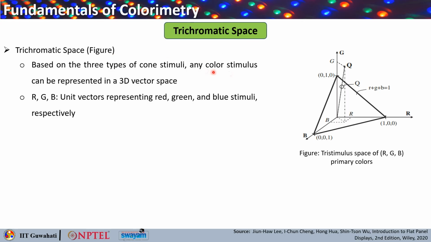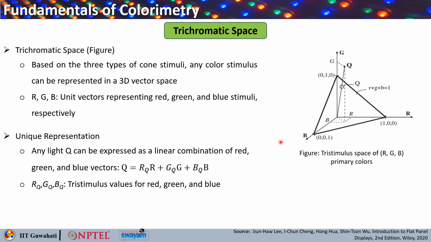With 3 cone stimuli, you have a 3D vector space. You can name the axes R, G and B. These represent the red, green and blue stimuli.